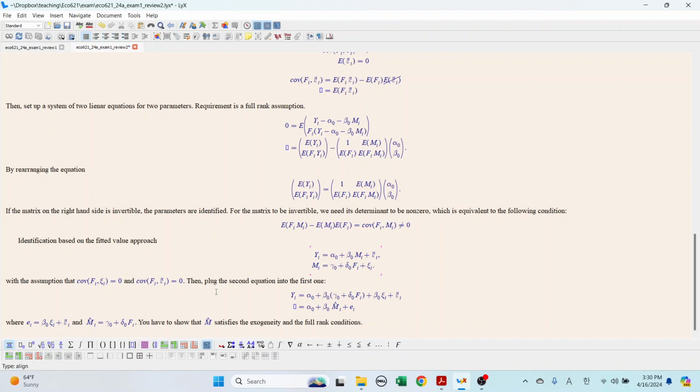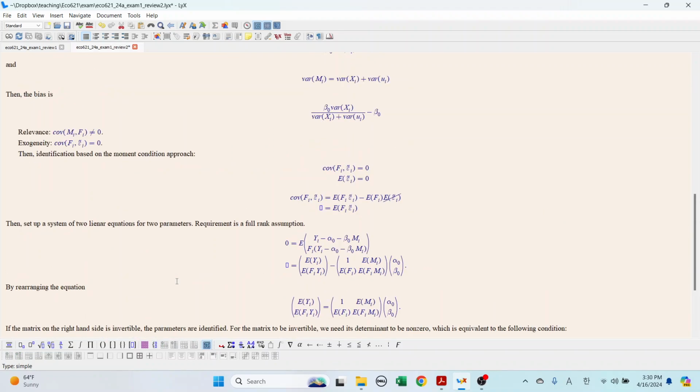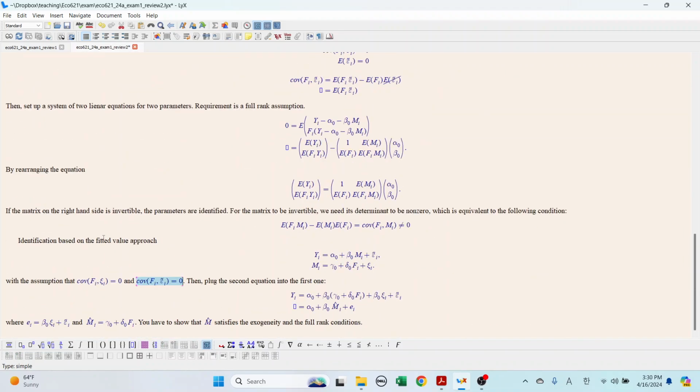for this new equation, new error term, I'm going to impose these things. The second one is the exogeneity assumption, but the first one is by construction, right? When you linearly project M on F, you're going to have zero here.